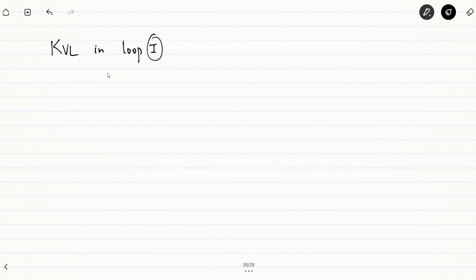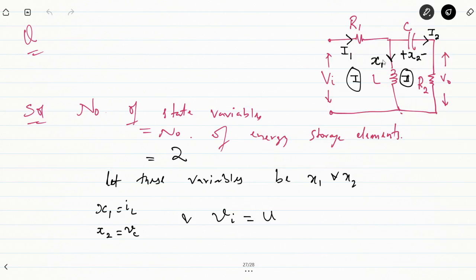Applying KVL in loop 1, you have input voltage U is equal to current flowing through resistor 1 into R1, that's voltage across the resistor 1, plus L dx1 by dt. The current through the inductor, that is x1, we gave it the notation x1. So by applying KVL in loop 1, input voltage Vi is equal to voltage across this resistor plus voltage across the inductor.